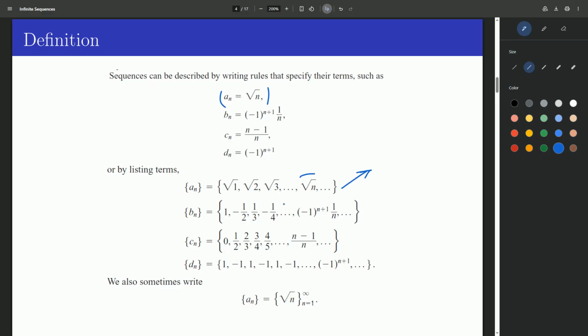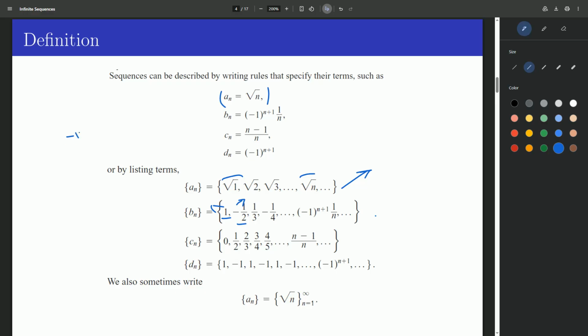It is unbounded, and this is the infimum. The second one is not monotone because it changes from positive to negative. The limit approaches 0, so it is convergent. The terms of the sequence are between 1 and minus half, so 1 is the supremum and minus half is the infimum.